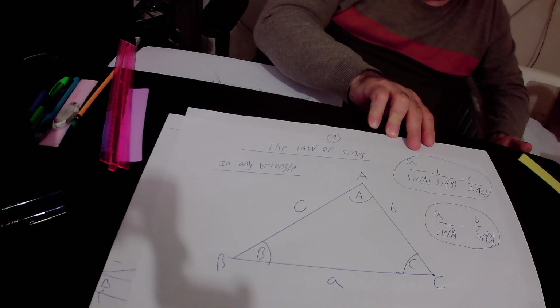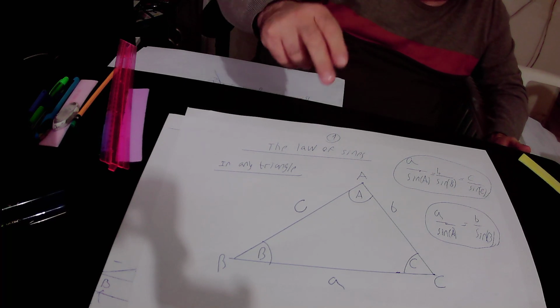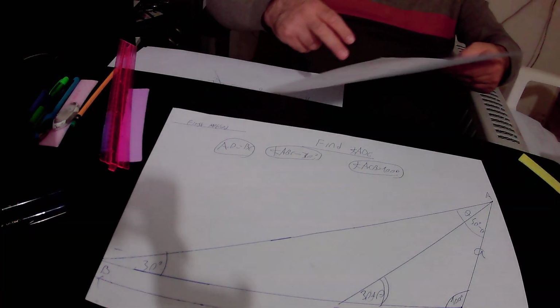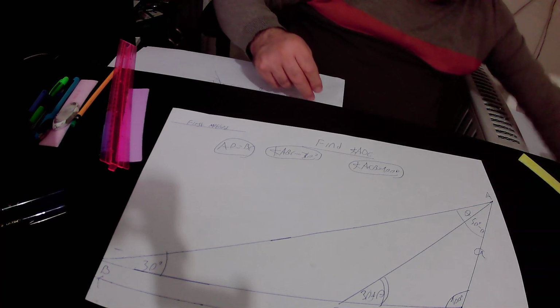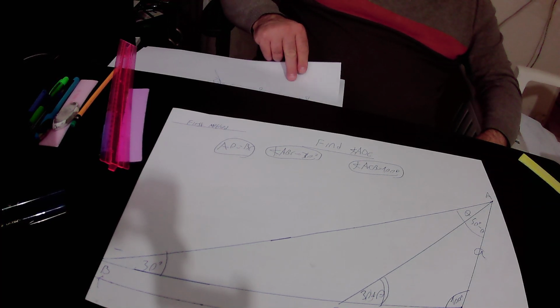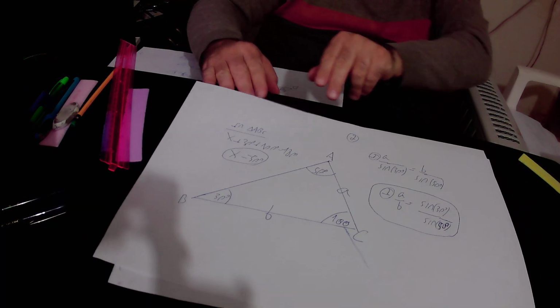From this formula we can derive that A over sine A equals B over sine B, and we implemented the law of sines in our drawing. Here I draw triangle ABC.